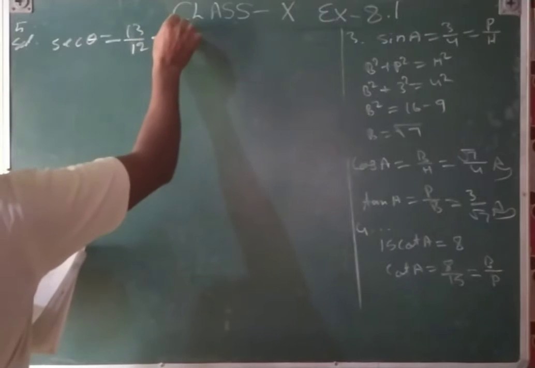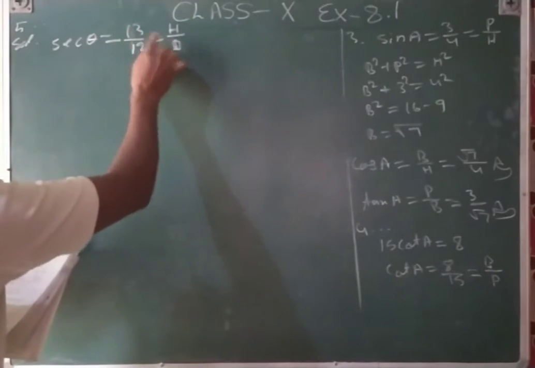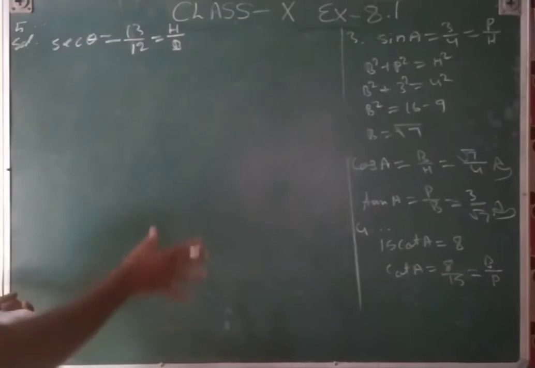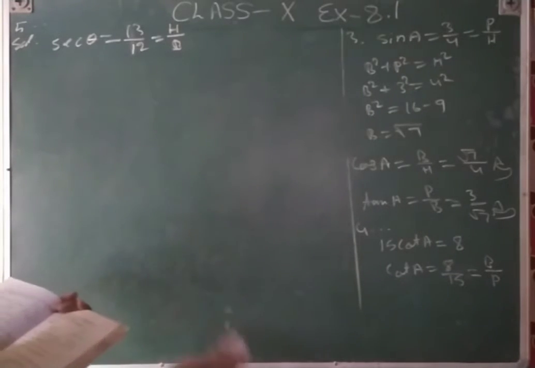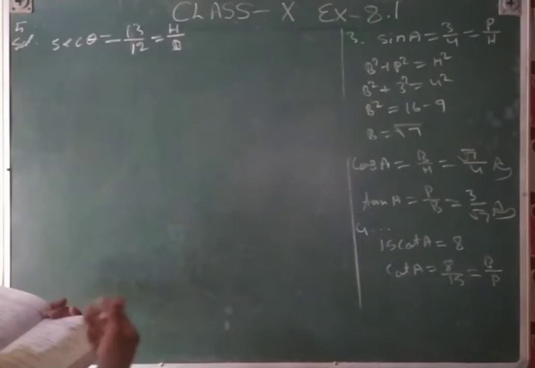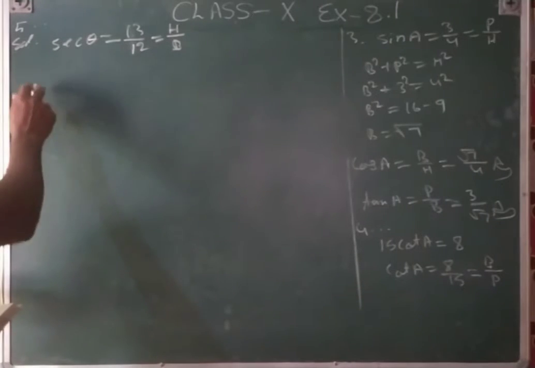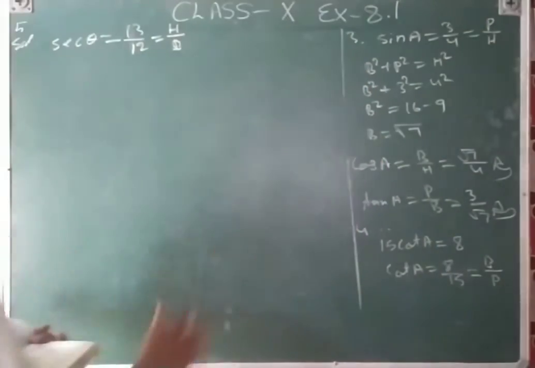Sec means H upon B, so H is equal to 13 and B is equal to 12. First of all you will find the perpendicular, and then you will find sin theta, cos theta, tan theta, cot theta and cosec theta also. It means you will find all five answers in a similar way like this.